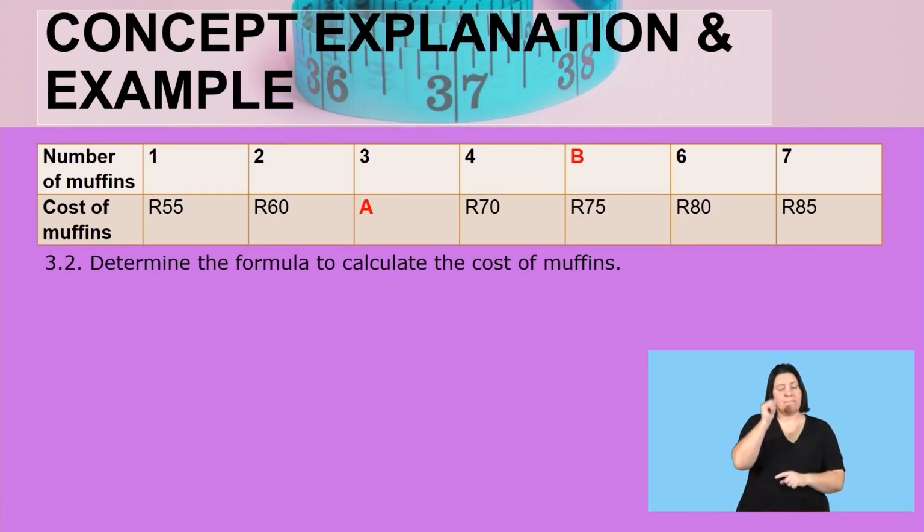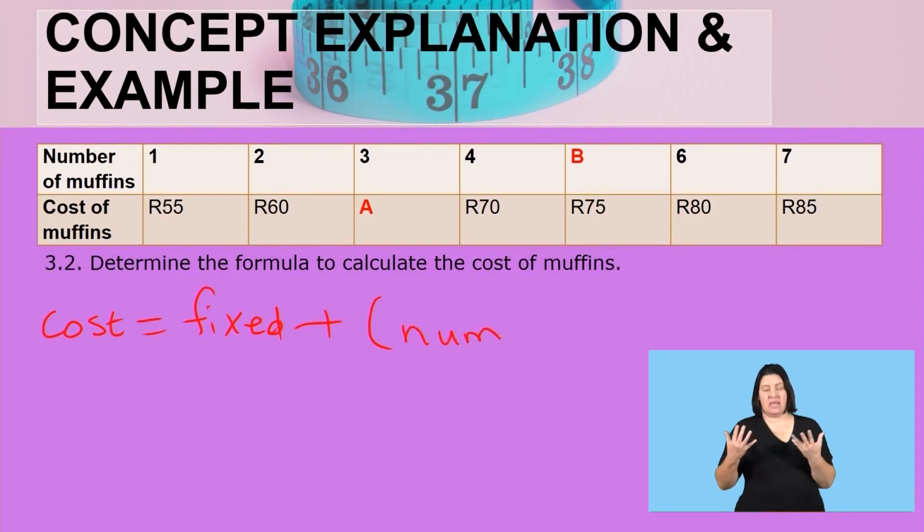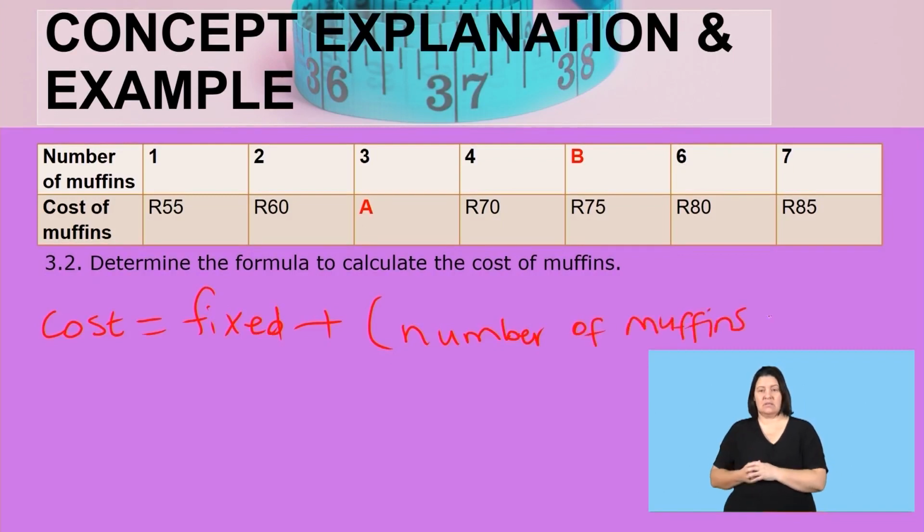Determine the formula to calculate the cost of muffins. When we write the formula for muffins, we say cost equals, we first take the fixed cost, plus the number of muffins, and then we multiply this by the cost of 1 muffin.